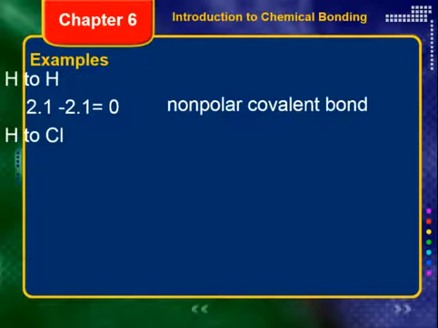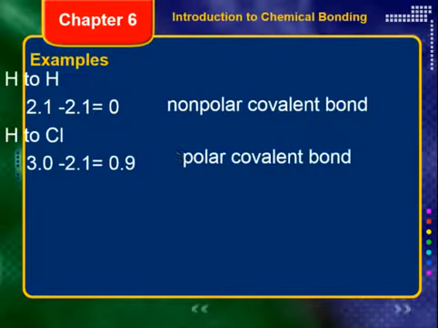But if we were to bond hydrogen to chlorine, we find chlorine over on the right side of the periodic table a little bit closer to the top. We see that chlorine has an electronegativity value of 3.0. We find the difference between that 3.0 and hydrogen's 2.1. We end up with a difference of 0.9. If you're looking through your notes and using your notes appropriately, you can conclude that an electronegativity difference of 0.9 results in a polar covalent bond.